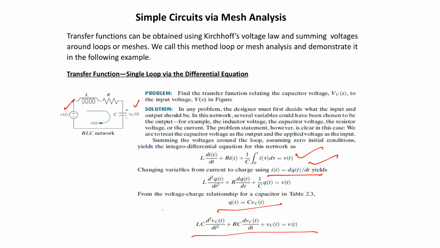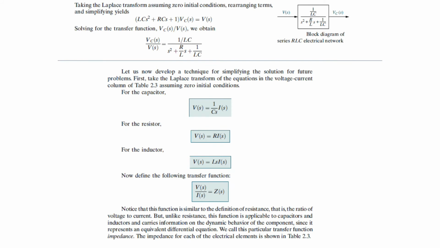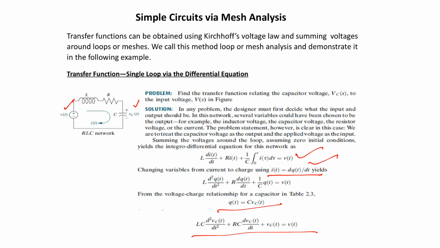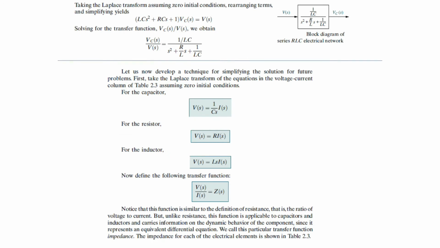Now we find the Laplace of the previous equation, assuming zero initial conditions. That is, initial conditions would be zero in this case. So we find the Laplace of that, and finally we are getting this equation.